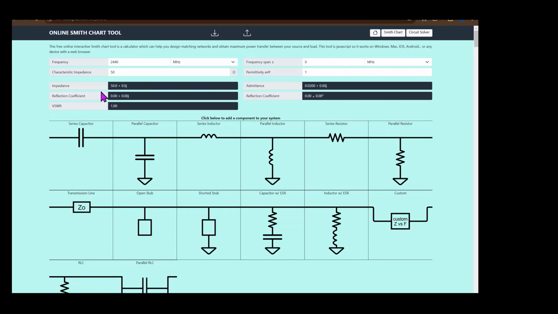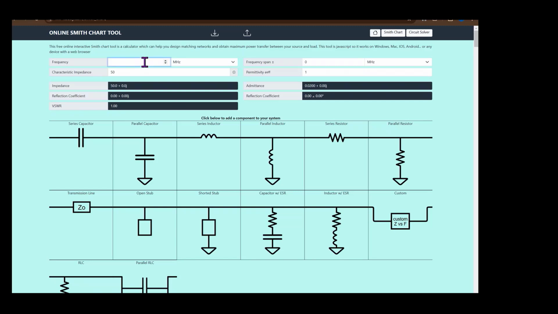I'll upload a Smith chart if you haven't found one on the web, but generally you can just find them on the web, paper charts. I end up always using this online Smith chart tool. It's pretty nice. It's by this chap named Will Kelsey, and it's pretty cool.